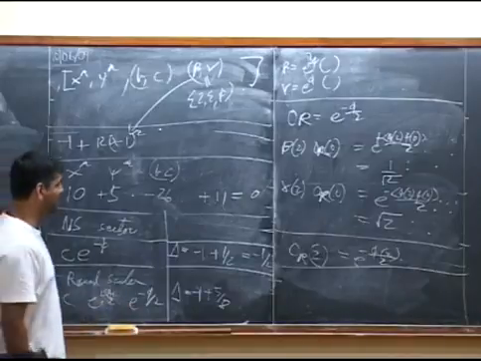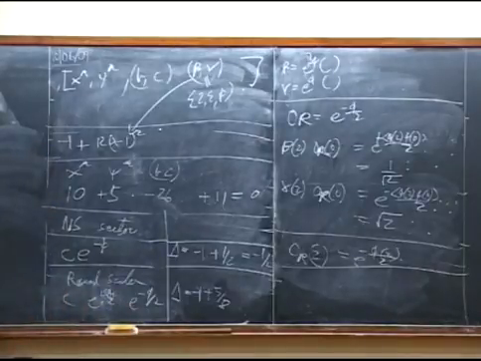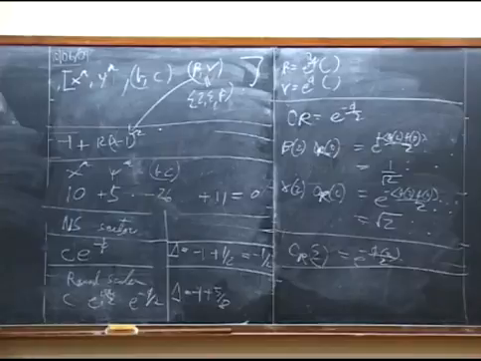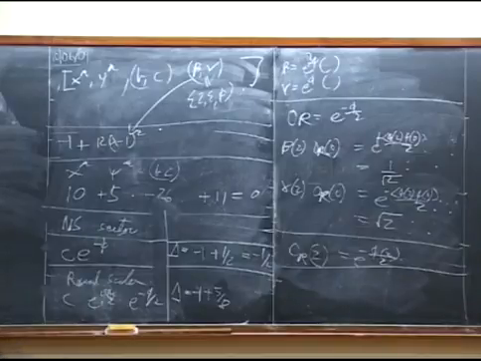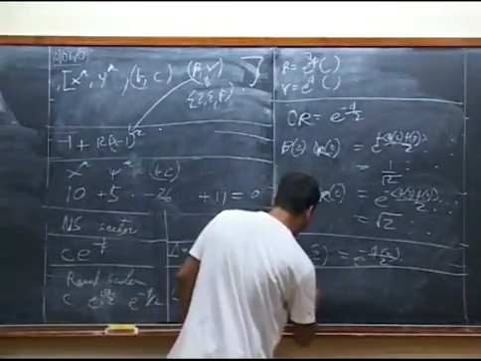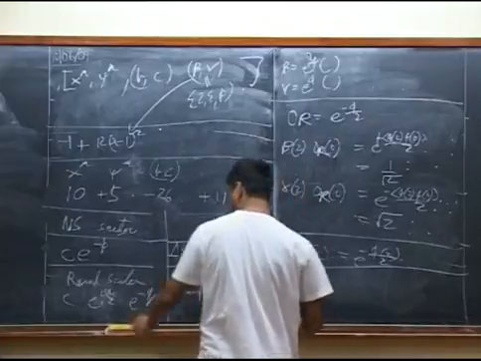What is the dimension of e to the power minus phi by 2? Minus 1/8.